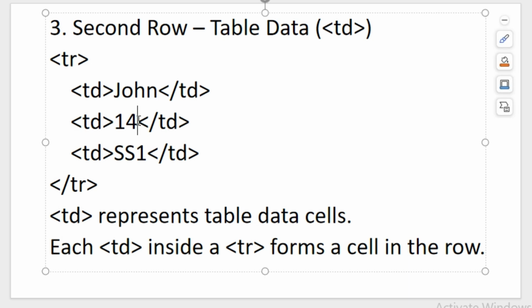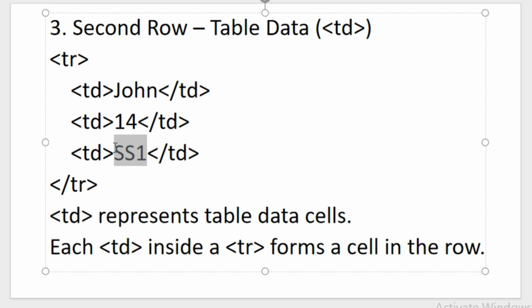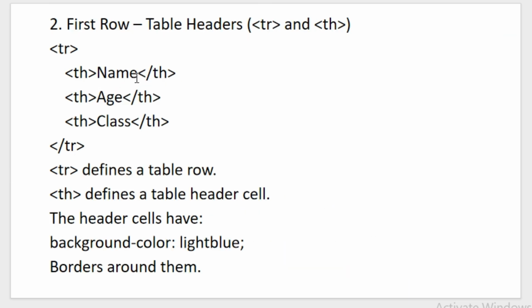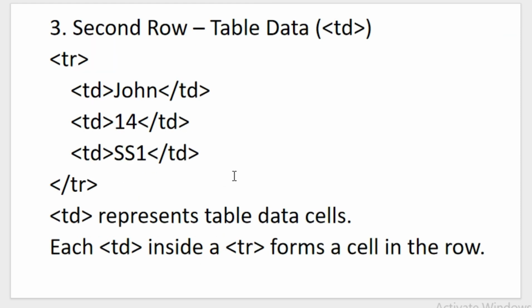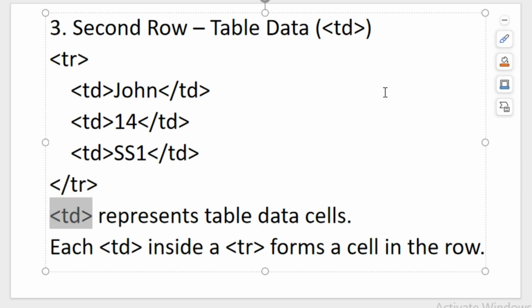Then for the second row, under the column age, you now have the age of John to be 14, and then the class to be SS1 as earlier declared here: name, age, and class. So you see it entering the appropriate data cell as declared here. So the TD in this case represents the table data cells inside there.